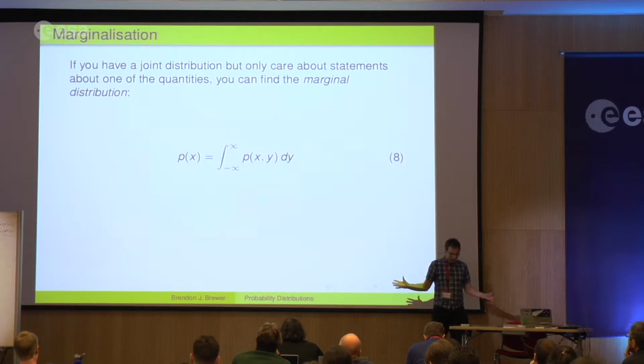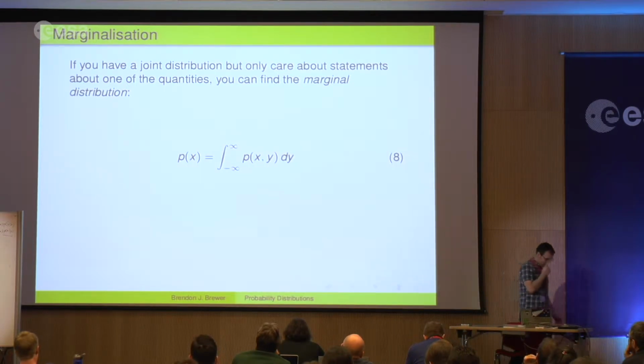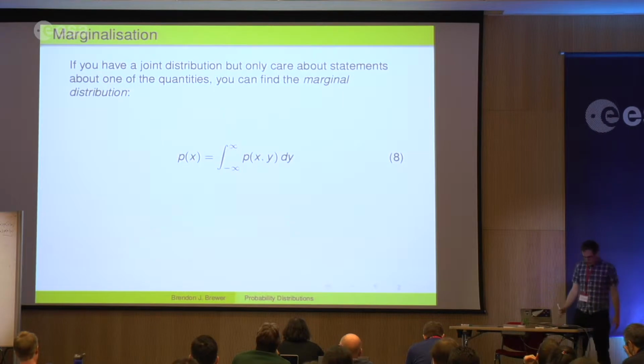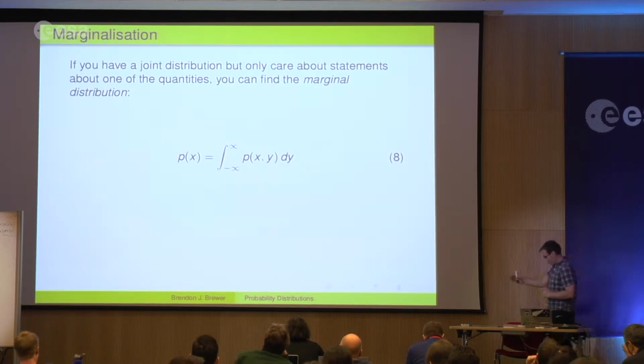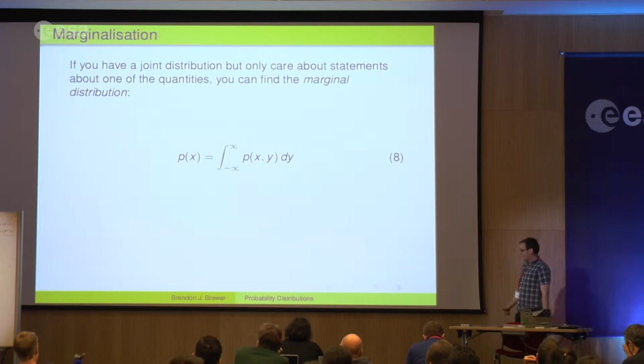Those are all mutually exclusive, so I can add their probabilities. And so what I'm doing there is taking the joint distribution of x and y and summing over y to give me the probability of any value of x.